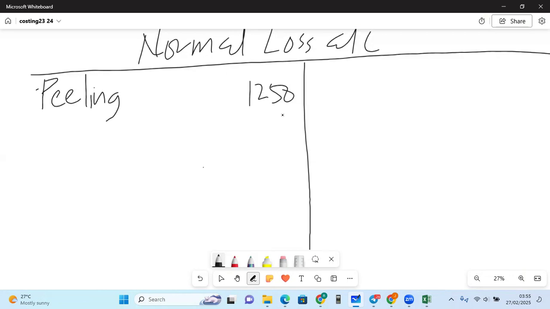If we get an abnormal gain, we are going to offset that one with abnormal loss. But aside from that, we sell whatever we are having here. So we sell it, then send the money to the bank, the scrap value, which is 1,257.